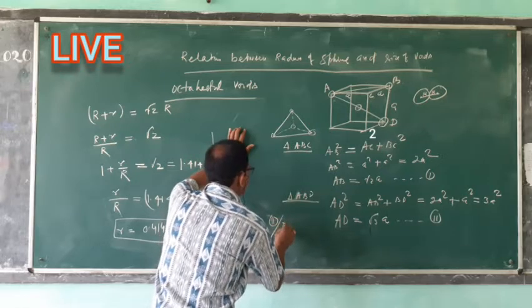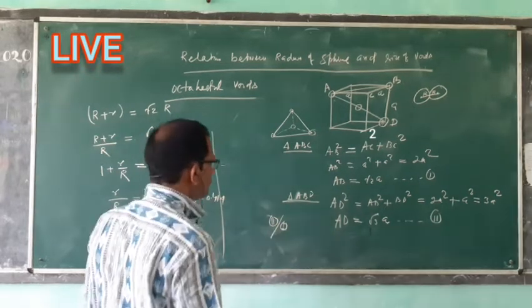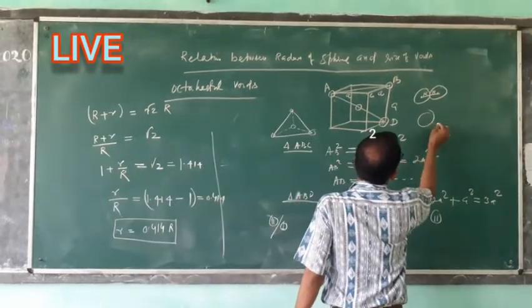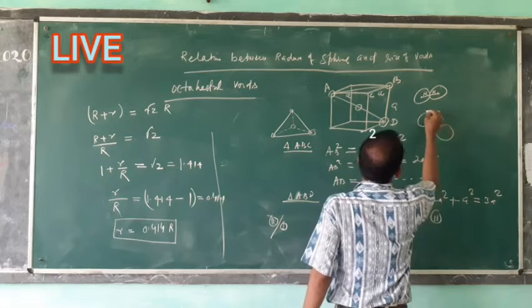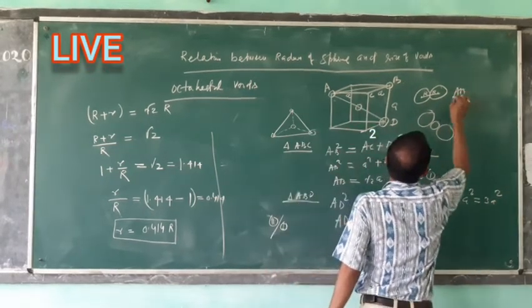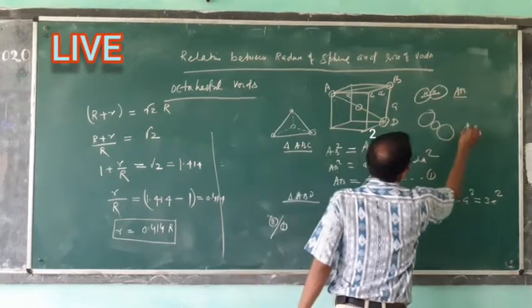Now equation 2 by equation 1, what you will get? AD contains 3 spheres. This is for AB, this is for AD.